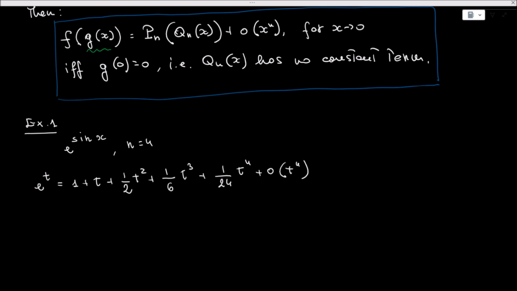Of course we stop the expansion at the power 4 just because this is what we are asked to do. We want to expand e to the sine of x up to the order 4.